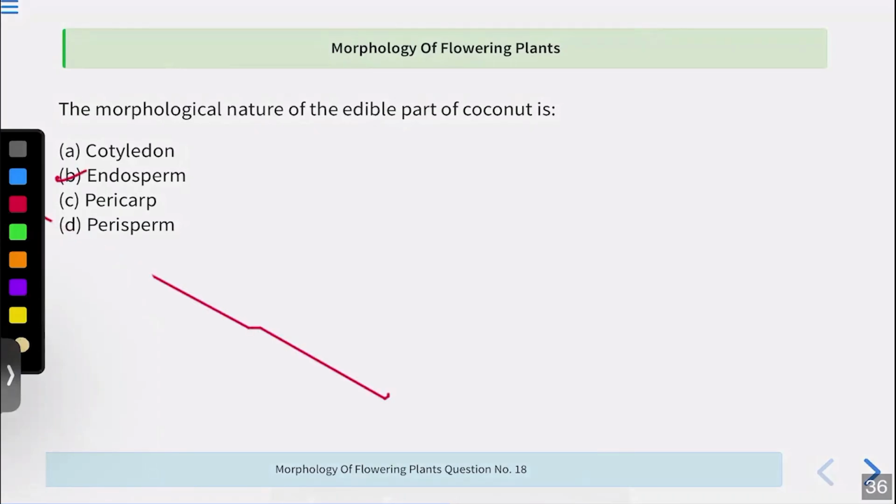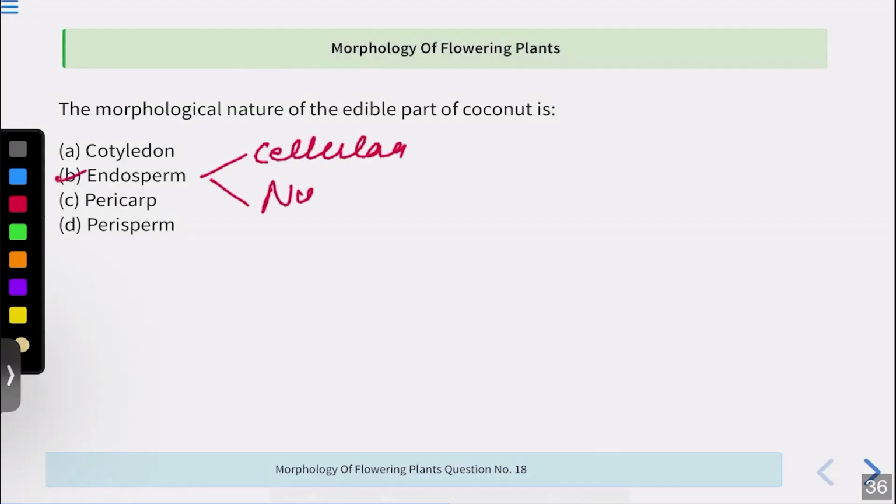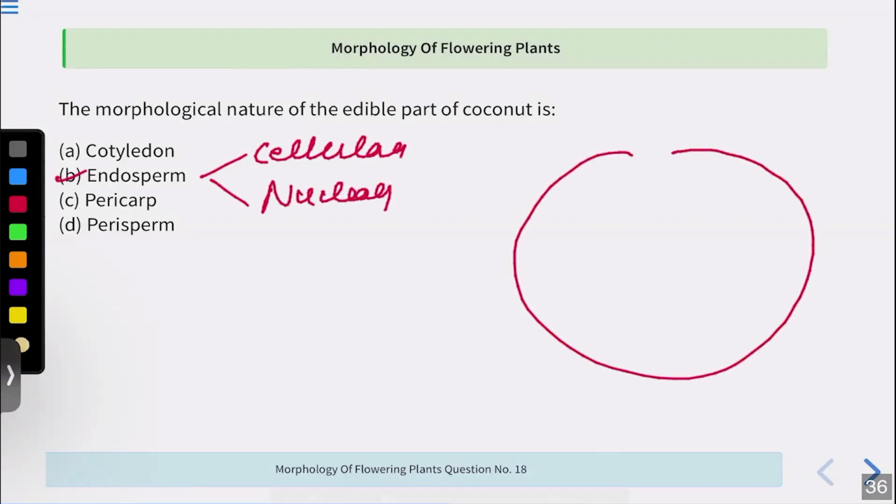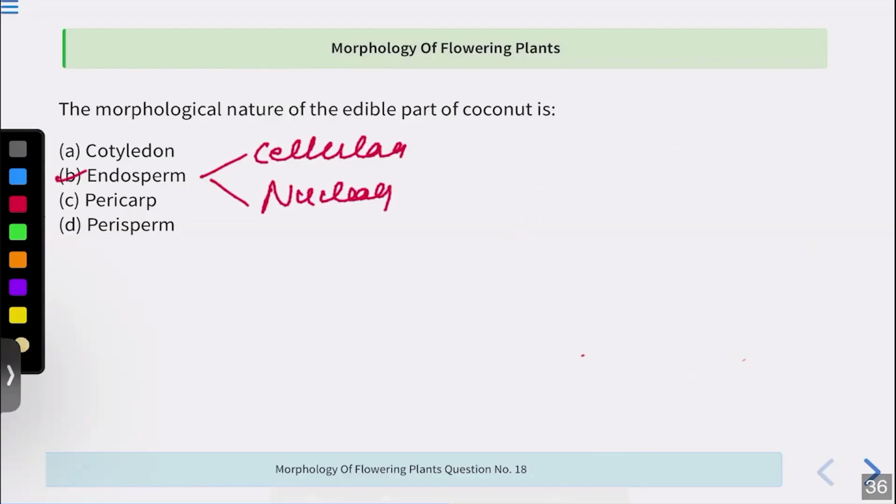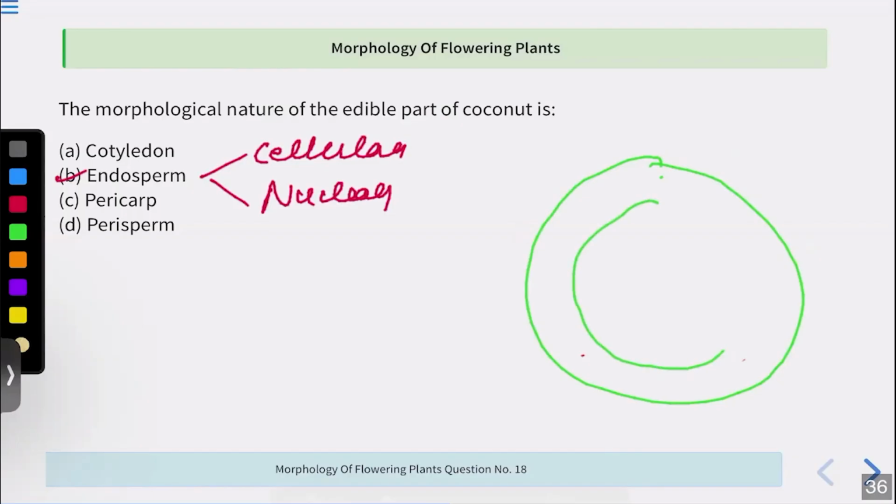Now there are two kinds of endosperm in a coconut, the cellular and the nuclear. If this is the coconut, I'll just draw it in green for you to understand it better. Imagine this is a coconut. There will be some degree of flesh inside it, and there will be some water.